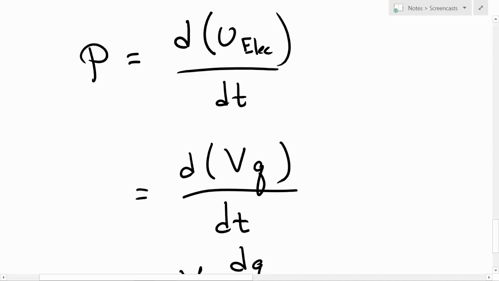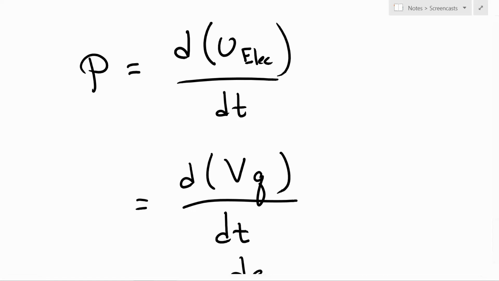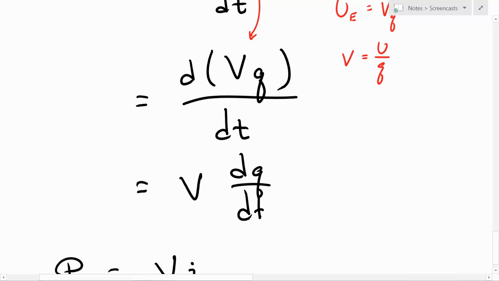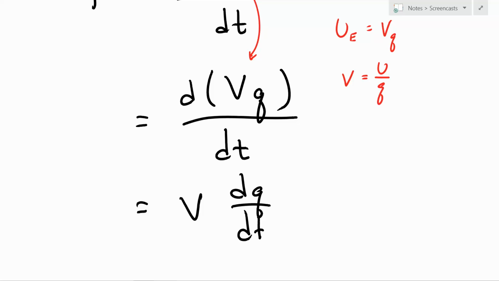And so we had said that we could define electric energy in terms of this idea of a potential. Remember we said that U_E was equal to VQ, or that the voltage is the energy per charge, basically. Now, for a scenario where I have a constant voltage, this derivative, this rate thing, the voltage is just a constant compared to that.